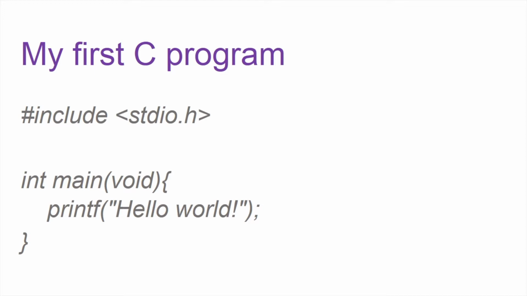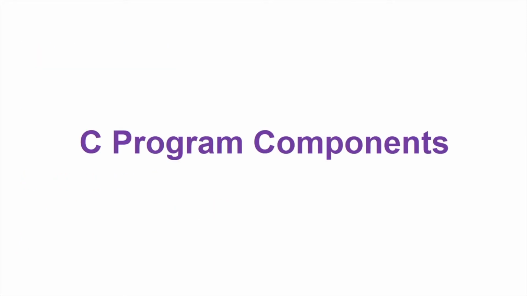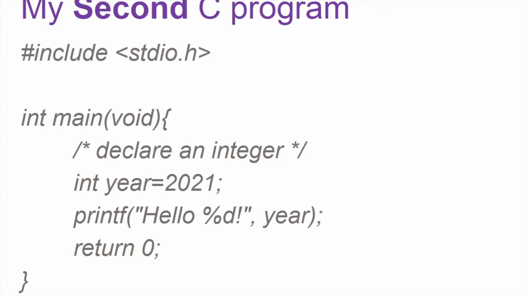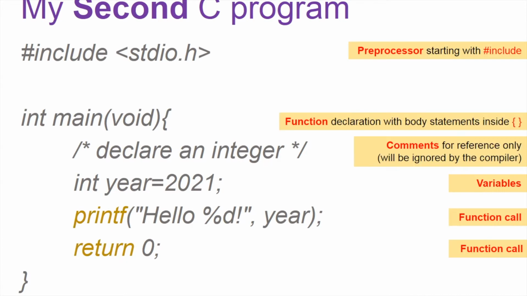This is it, just several lines, and from here, I'm going to explain the components of a C program with this example, Hello World, which I slightly modified by including more things here. For each of them, I gave the name, but if you cannot understand this, just remember the name. I will explain more later.